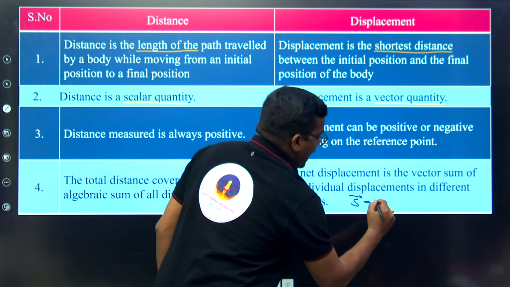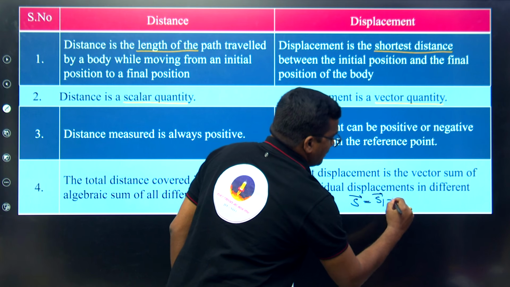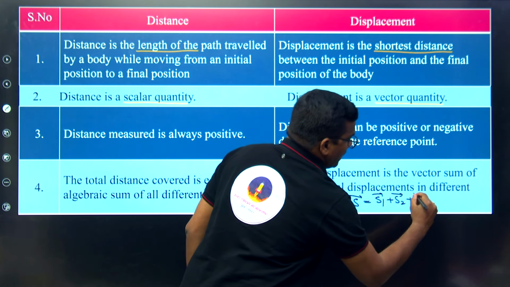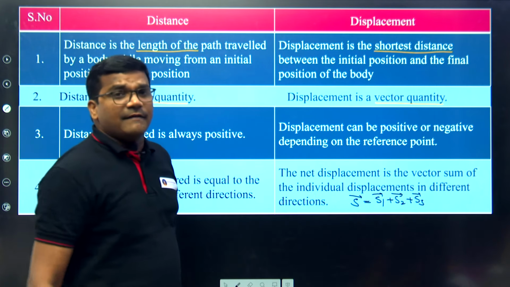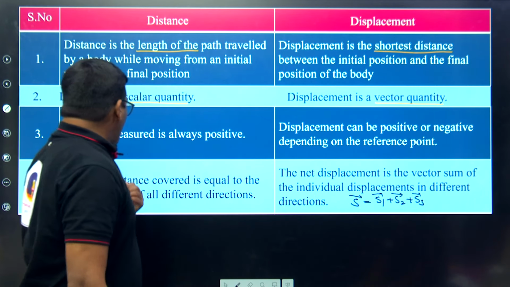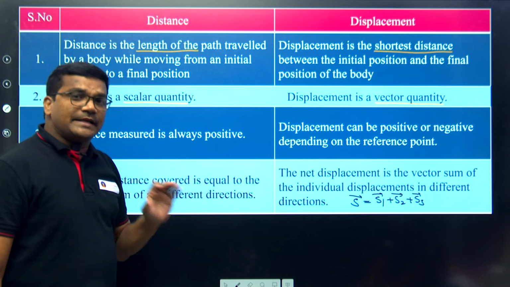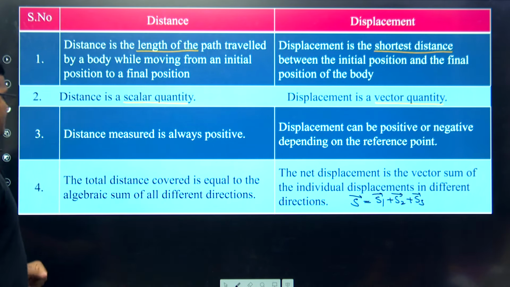So we have to add like this, s1 bar plus s2 bar plus s3 bar, that is vector sum. Algebraic sum is 2 meters plus 10 meters plus 20 meters, like that.